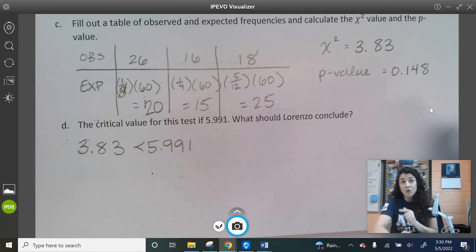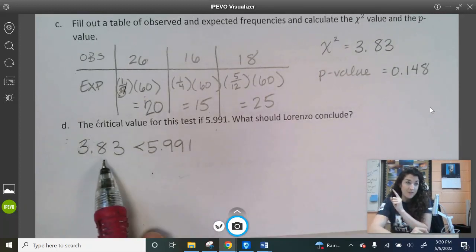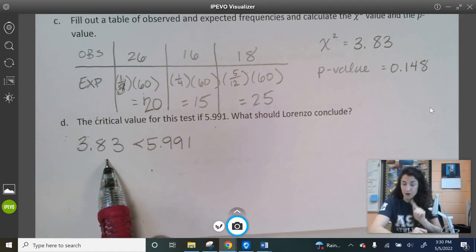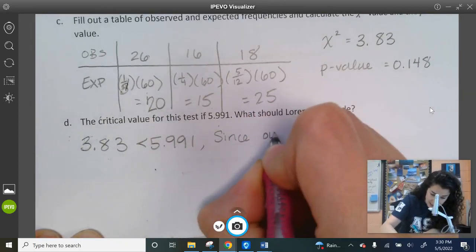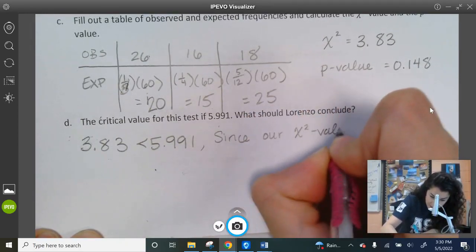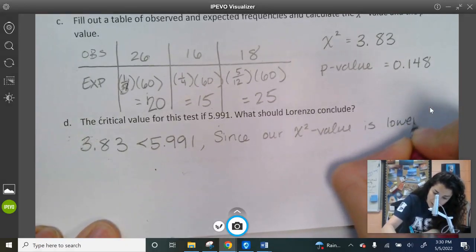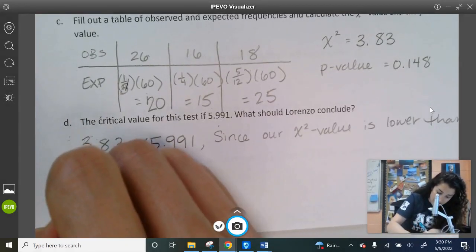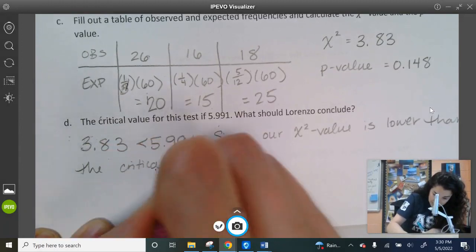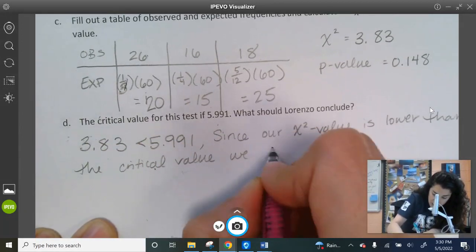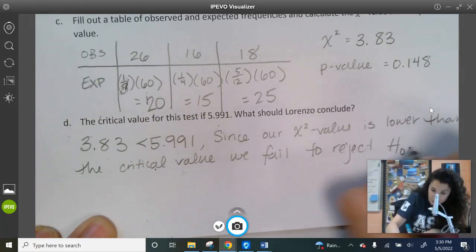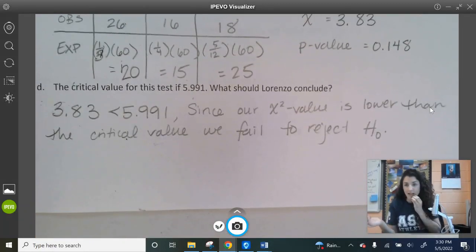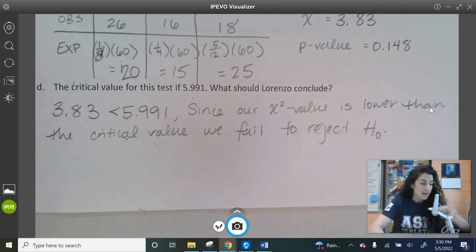And if p is low, we reject the H0, which means that we fail to reject if it's low for chi-squared. So since our chi-squared value is lower than the critical value, we fail to reject the null hypothesis, which means essentially we accept the null hypothesis.